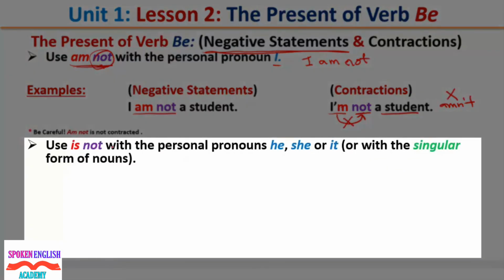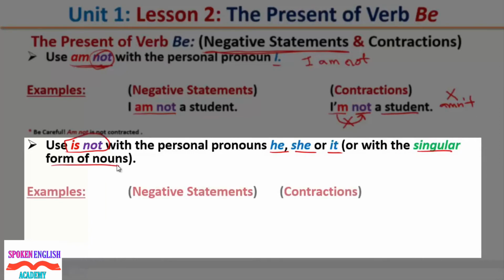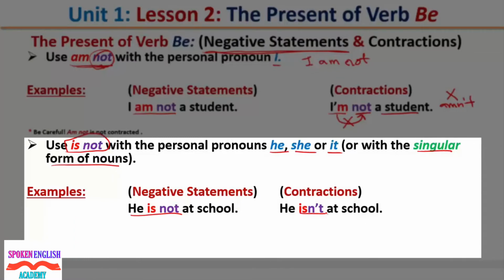Use is not with the personal pronouns he, she, it. So with he, she, it, we use is not, or with singular form of nouns. Examples: he is not at school. The contracted form, he isn't at school. So is not can be contracted, so we can say isn't.